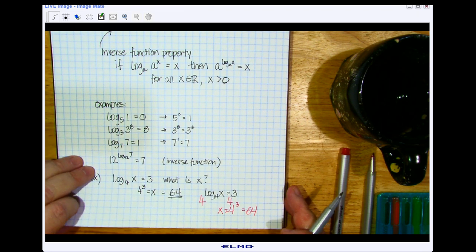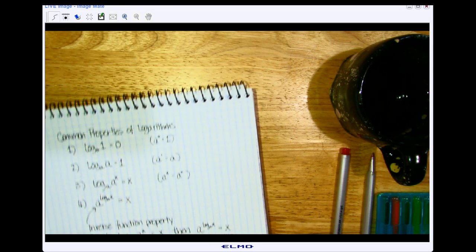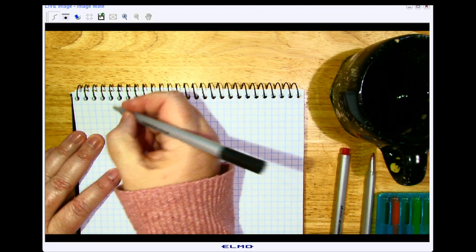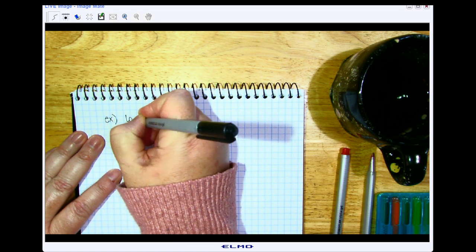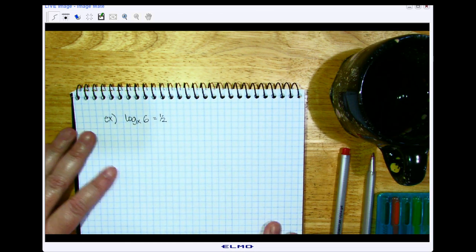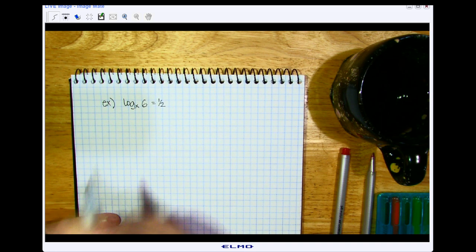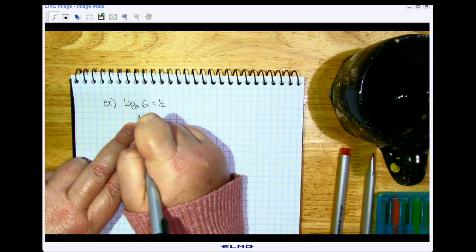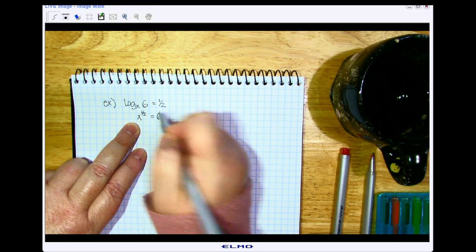Questions? Not yet. Okay. Let's do it in a slightly different format. Let's say you had log base x of 6 is equal to 1/2. You can use the definition of a log in that x to the 1/2 power has to equal 6.